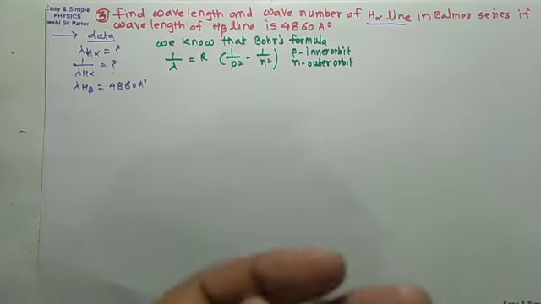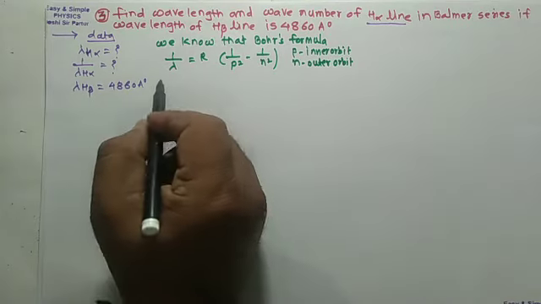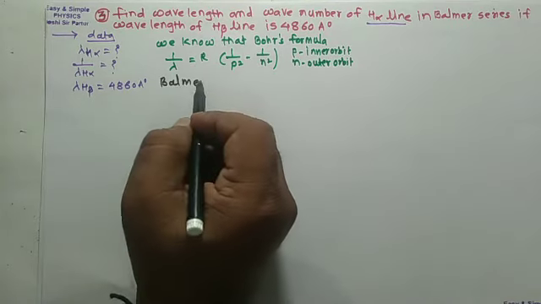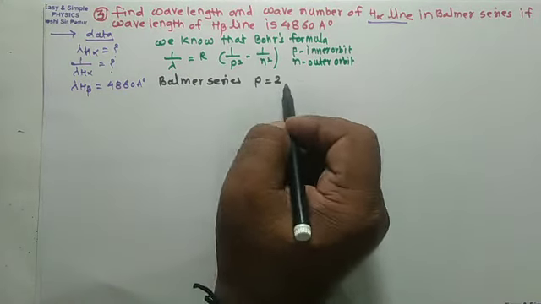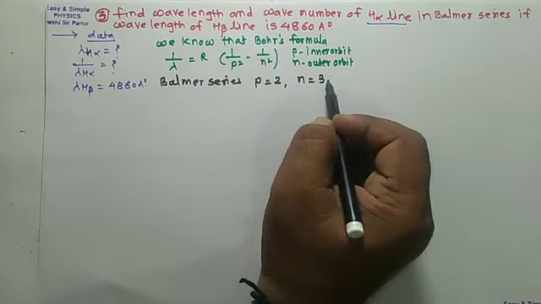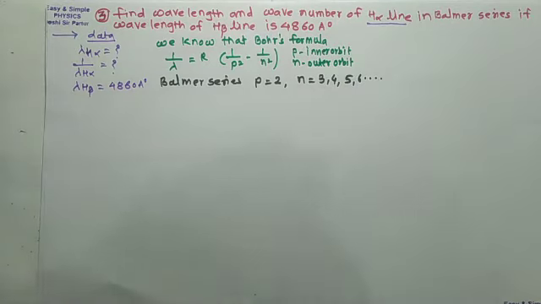So for the Balmer series, p equal to 2, n equal to 3, 4, 5, 6 and so on.